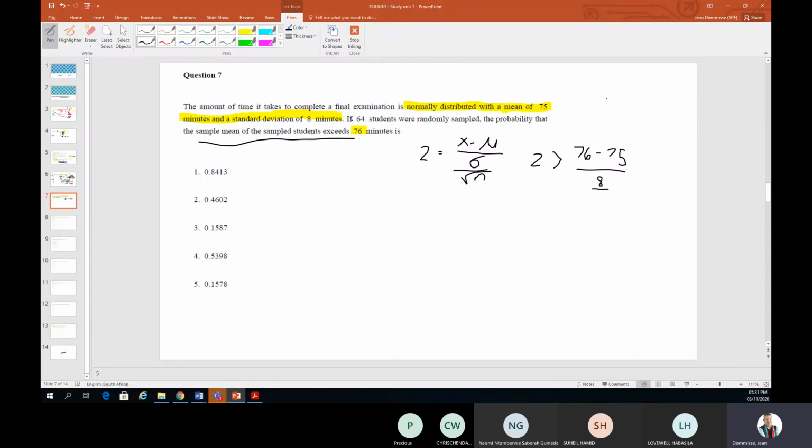N was 64. Okay, so this is a strange one. So Z bigger than 1 over 1, which is equal to 1. So we're looking for Z bigger than 1.